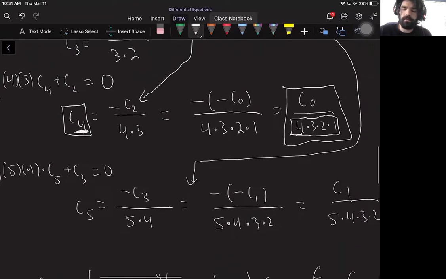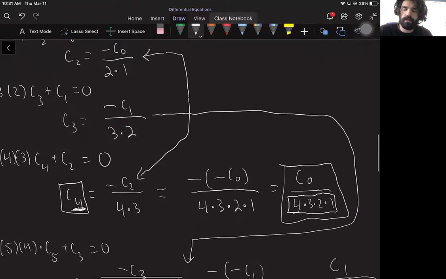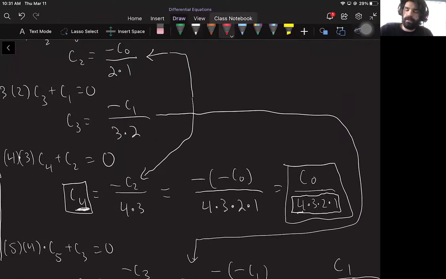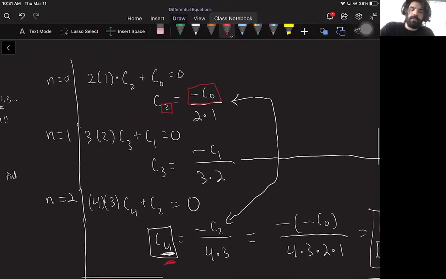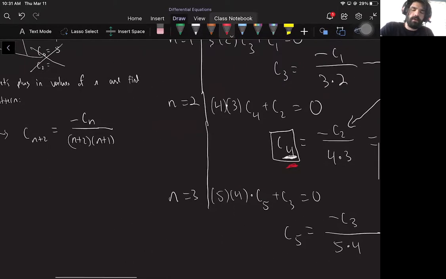That's what happened here. But one extra thing is that this guy was positive for C4, but it was negative for C2. So we're going to have this flipping back and forth. So that's because I have to keep subtracting over here.